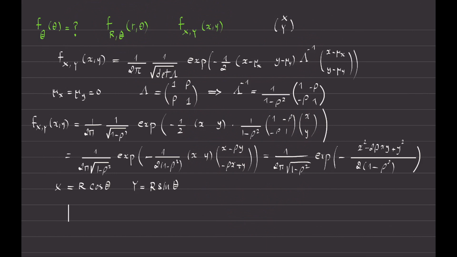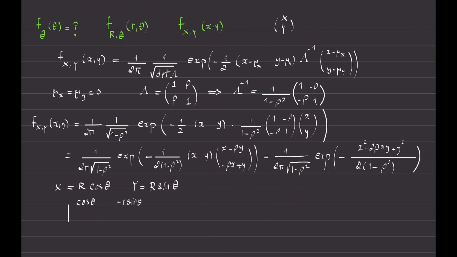I have to calculate the derivative of this with respect to r, and the derivative of this with respect to theta, and write them here and there, and do the same thing for y, and calculate this determinant. So it is very easy. The derivative of x with respect to r is just cosine theta. And the other one will be minus r sine theta.